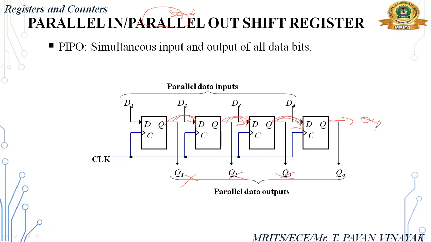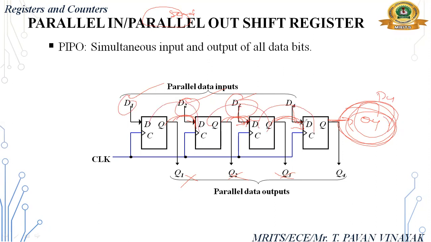Without shifting of data, how can we get D2, D3, D4 here? Because we always get Q4 as D4. But what about D3, D2, D1? We want this data also here. For that purpose, we have to shift the data.